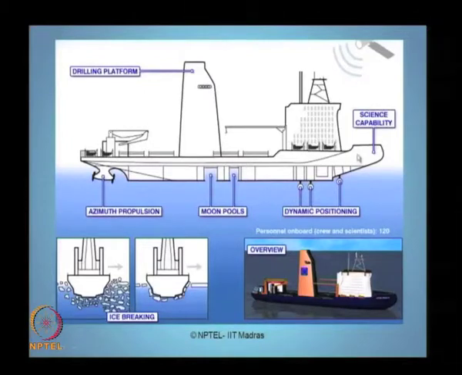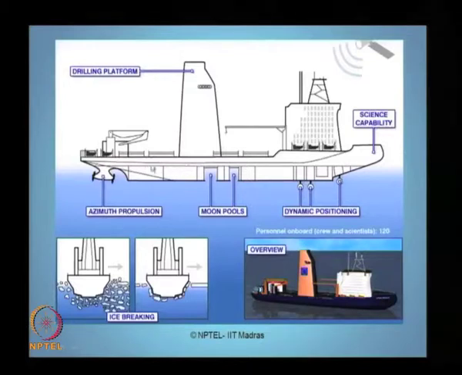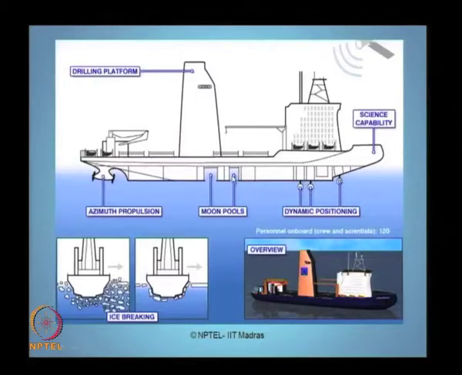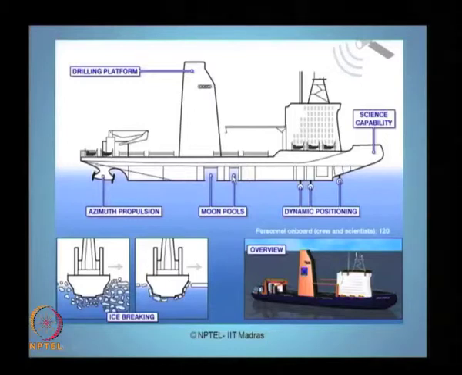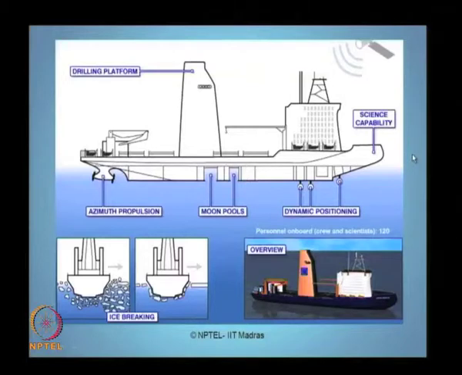As you see here, the ship is also housed with what we call dynamic thrusters, which is nothing but a computer controlled dynamic positioning system, which enables the ship to turn in any direction as desired, so that the ship always stays exactly vertically above the drill hole to ensure more efficient drilling.